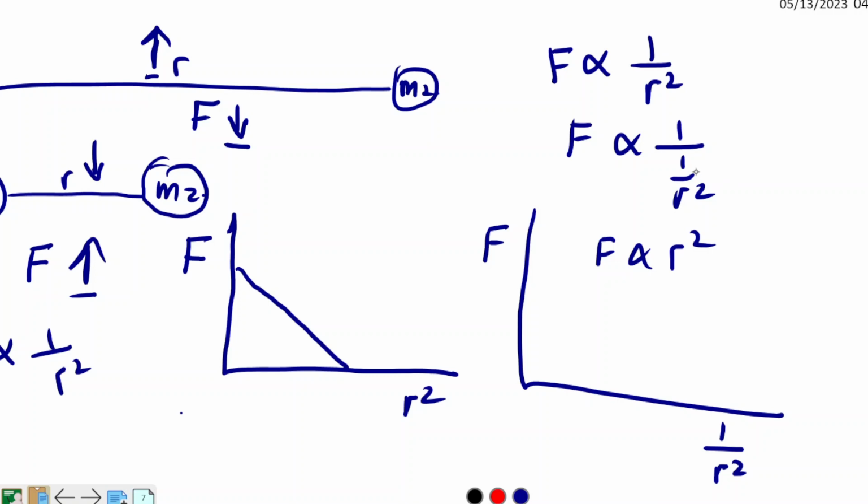If you have 1 over r squared, we flip it to be r squared over 1. So then F is directly proportional to 1 over that inverse.